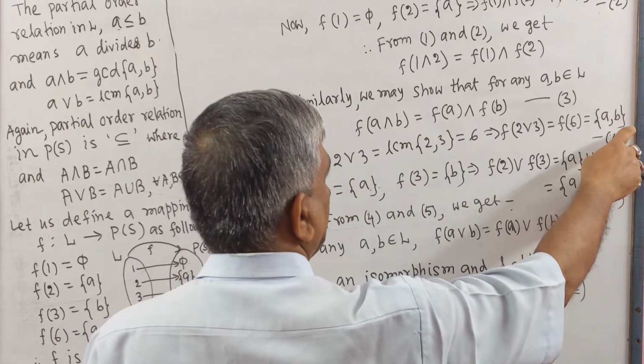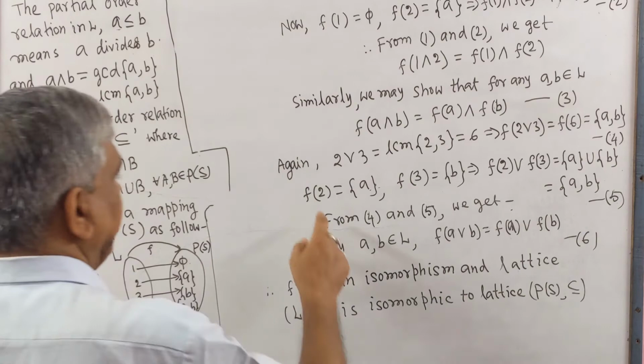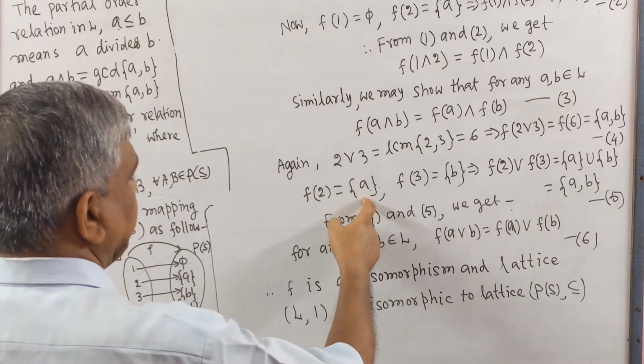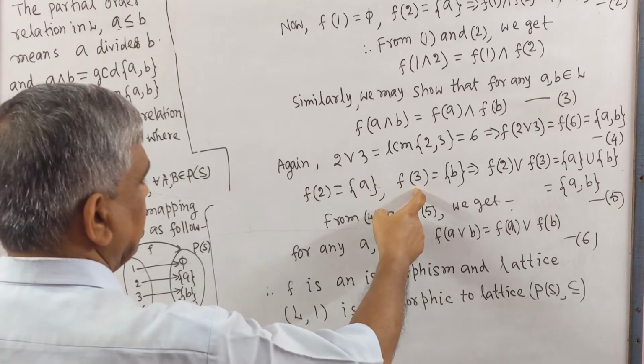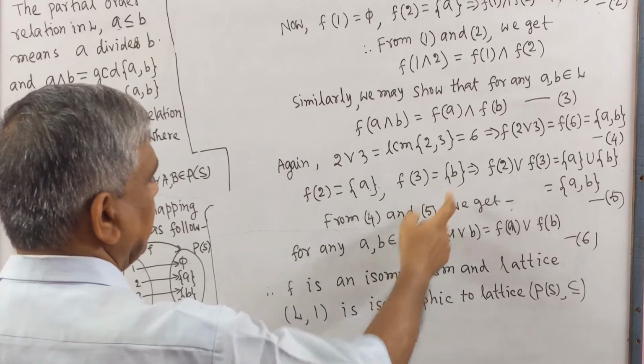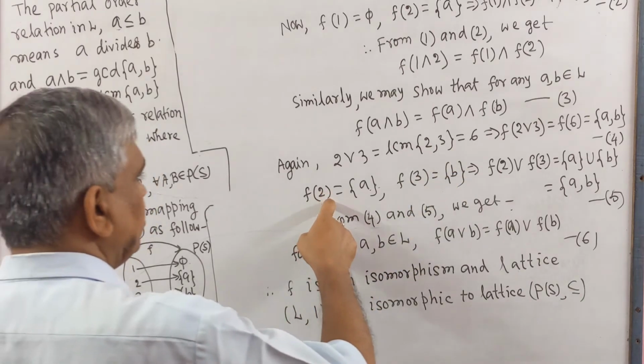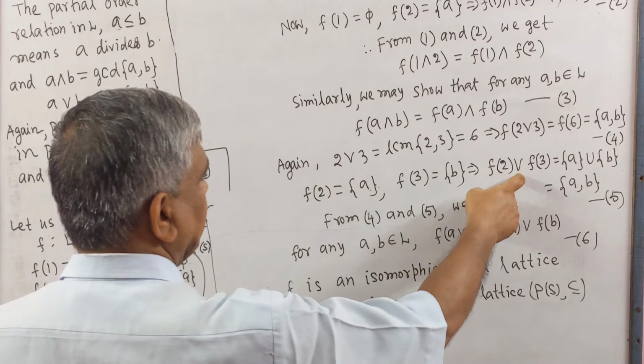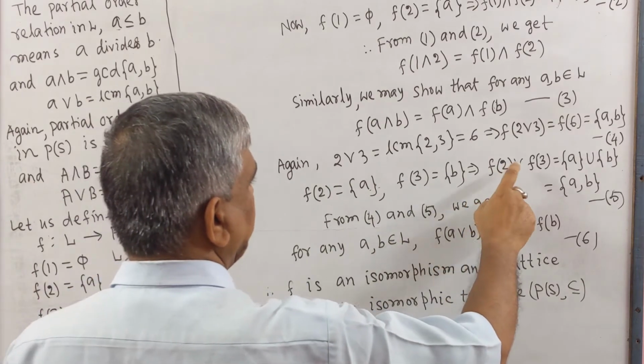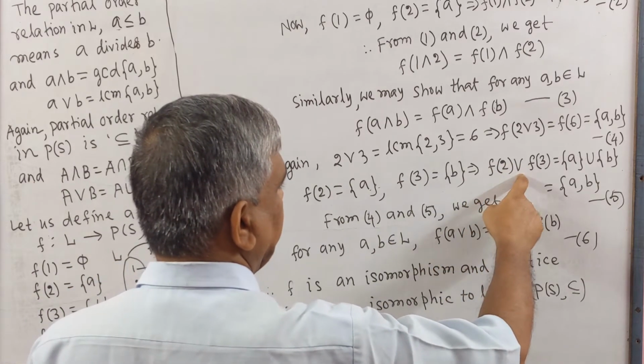This is number 4. Now f(2) is the set containing element a, f(3) is the set containing element b. Now f(2) join f(3), where join means union.